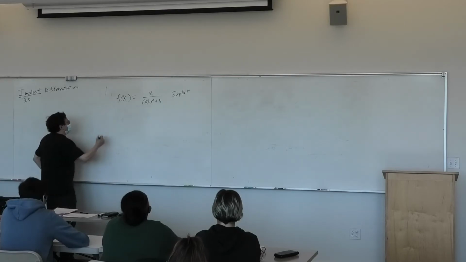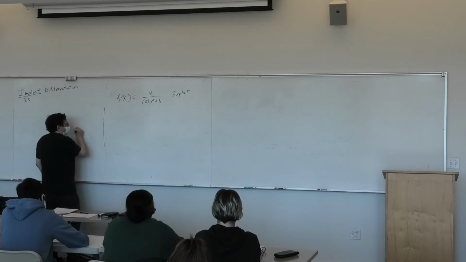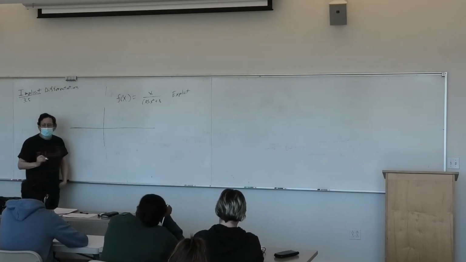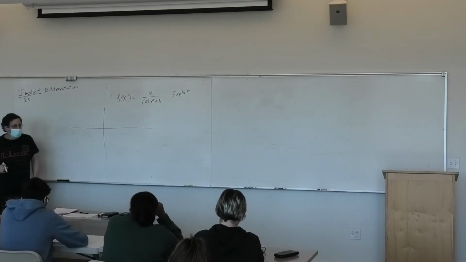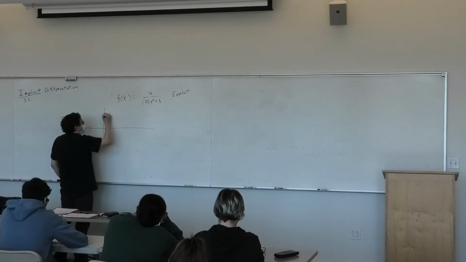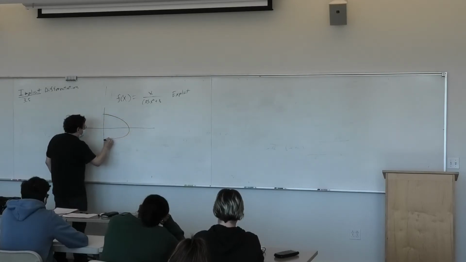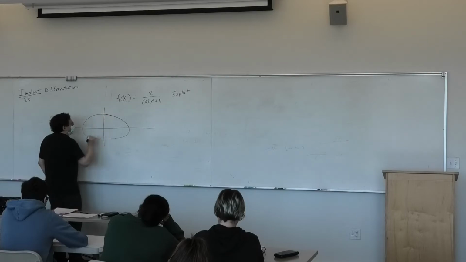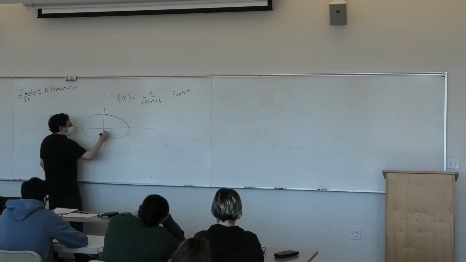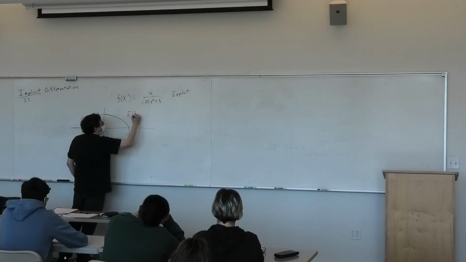So let's take a nostalgic journey back to, I bet some of you haven't seen this, a time in the past when your math teachers, with this terrible drawing, told you about something called an ellipse.